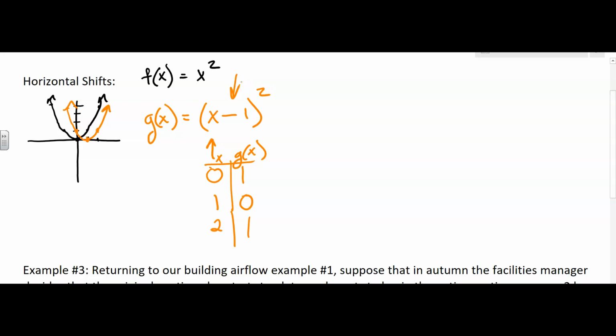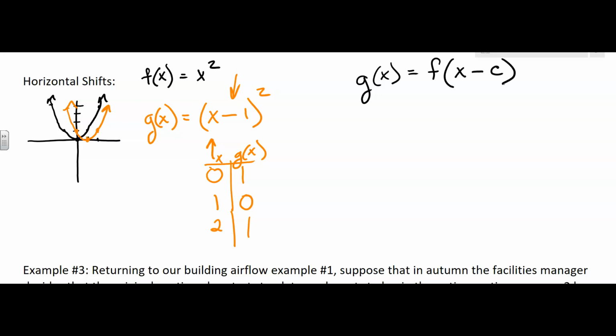Okay, so you may have seen that working with quadratics before. So here comes the function notation. For a horizontal shift, g of x is going to be f of, and then you're doing a subtraction before you apply the function. Now, in the vertical shifts, you applied the function, and then you added or subtracted something. Now we're going to have the input, we're going to add or subtract something to it, and then apply the function.